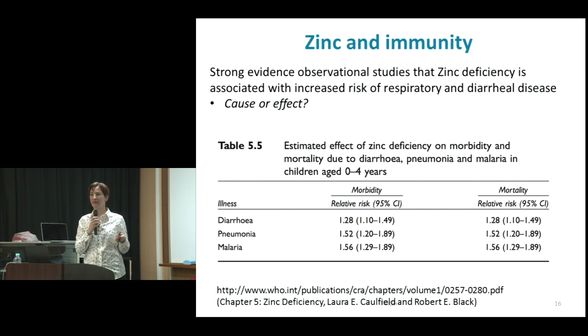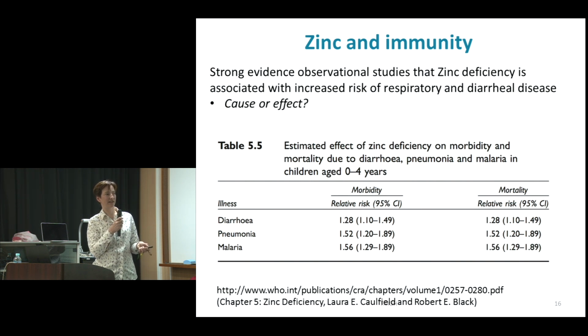So again, we started with observational studies showing that zinc deficiency was associated with increased risk of respiratory and diarrheal diseases. And so here, different disease conditions. Here's your relative risk for being sick, for morbidity.